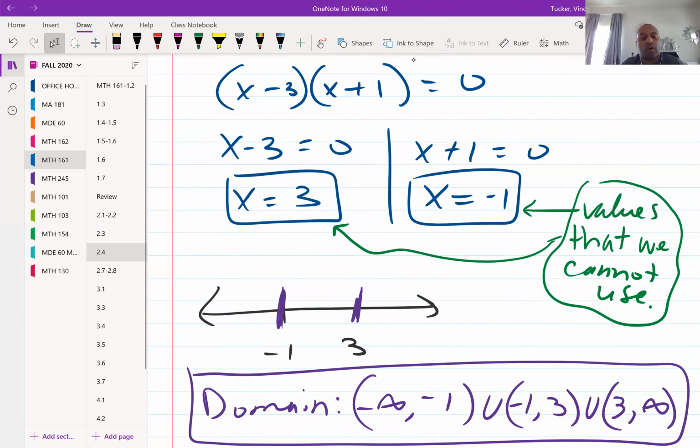All right, so to cover all the values that can be used, you go from negative infinity to negative 1, negative 1 to 3, 3 to positive infinity.